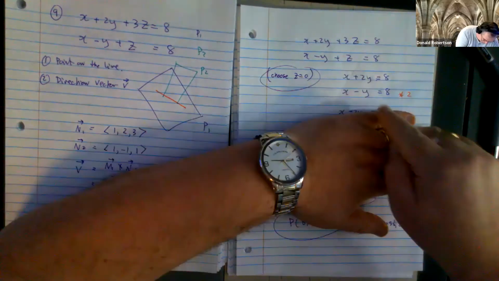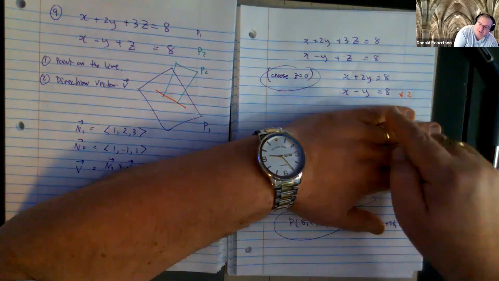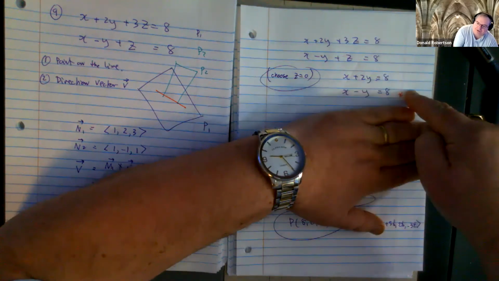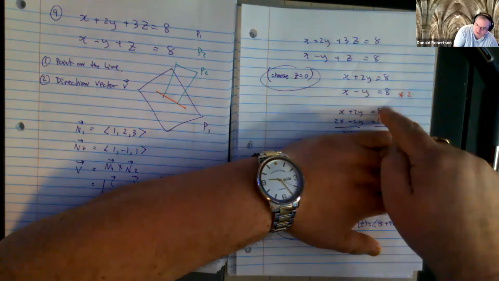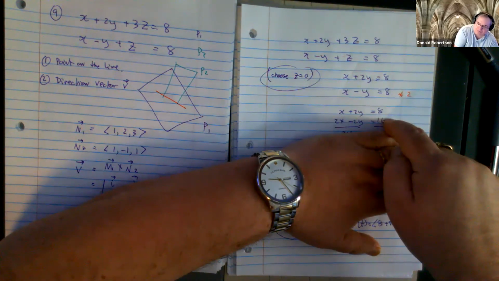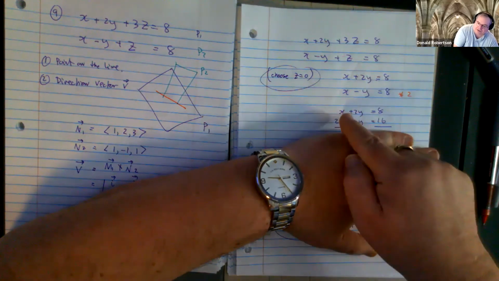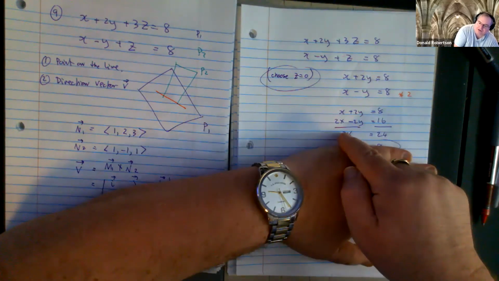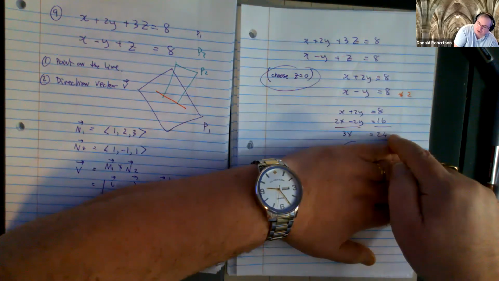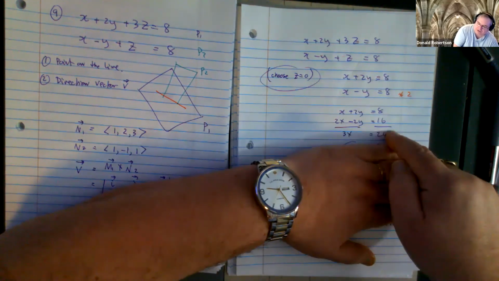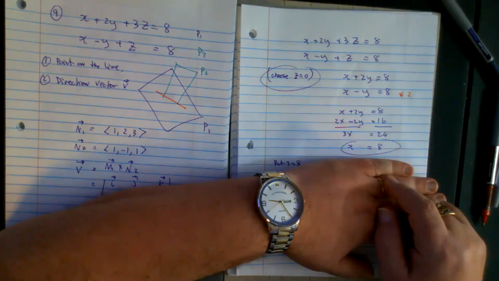And then I used a technique called the addition method from Math 94, which basically means that if you double everybody in this equation, you now have 2x, take away 2y is 16. And if you add equations together, which you're allowed to do, the x's join to get you 3x, but the y's kill each other off. And the 8 and the 16 gets you 24. So now I have an equation with just an unknown x, and that's how I got 8. Oh, okay, got it. Thank you.